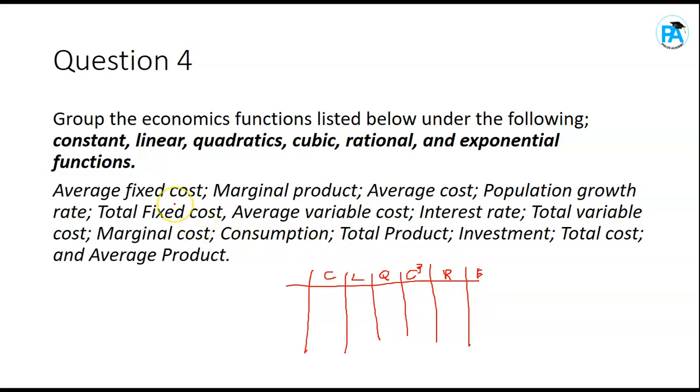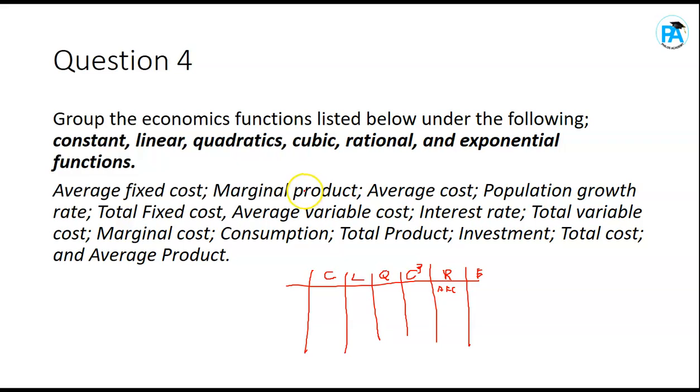So what is average fixed cost? Please write it down. Average fixed cost, AFC, is a rational function. Don't forget that. So we've answered this one.